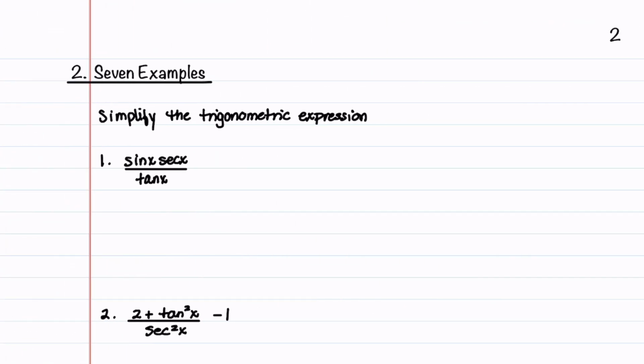For our first example, let's write secant x as 1 divided by cosine x, since we know that sine x divided by cosine x is tangent x. We have sine x times 1 divided by cosine x, all divided by tangent x.